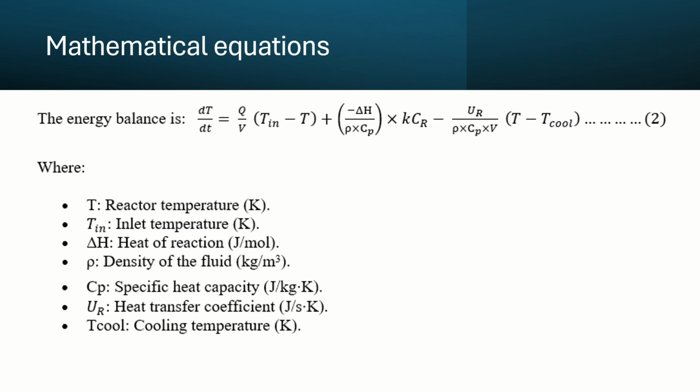Rho is the density of the fluid, Cp is specific heat capacity, UR is the heat transfer coefficient, and finally Tco is the cooling temperature. This energy balance equation helps us to determine the steady state temperature of the reactor. Since temperature influences the reaction rate, it directly affects the material balance, making the two balances coupled.